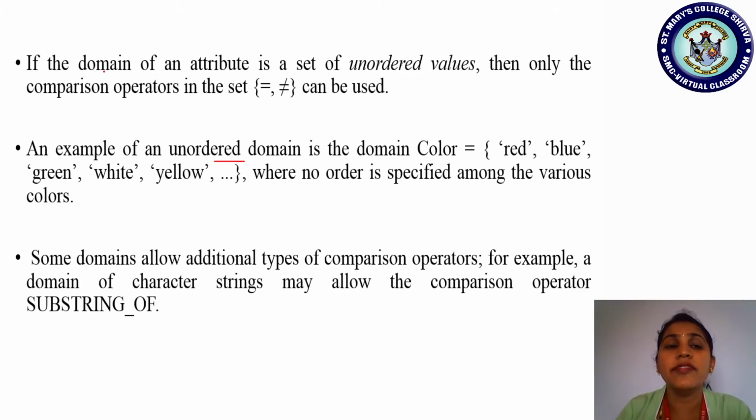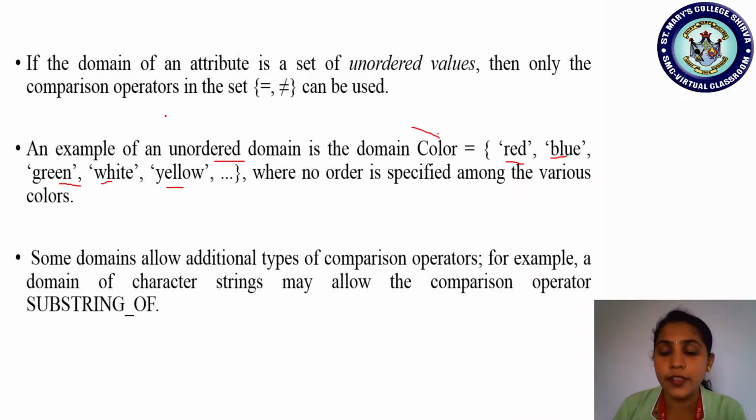Unordered values mean like this: red, green, we can't provide an order, ascending or descending, for this particular color domain. Then only the comparison operators equal to or not equal to can be used. Instead we cannot make use of less than, greater than and so on.